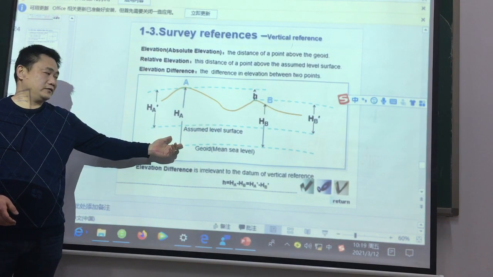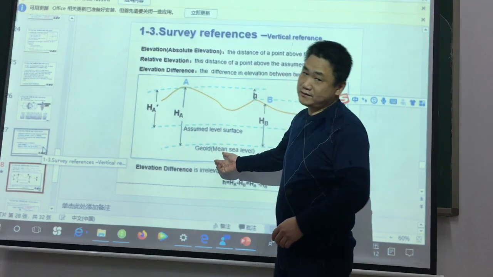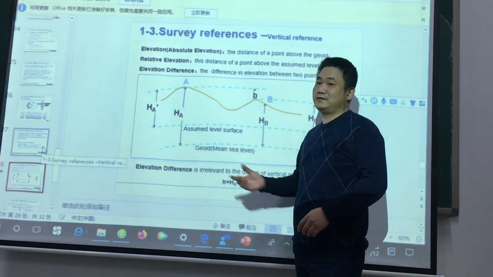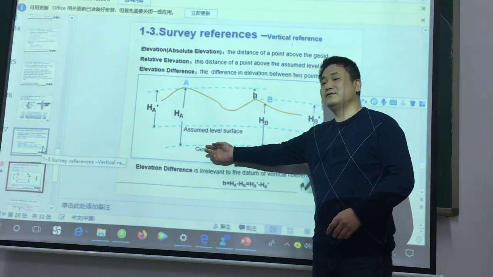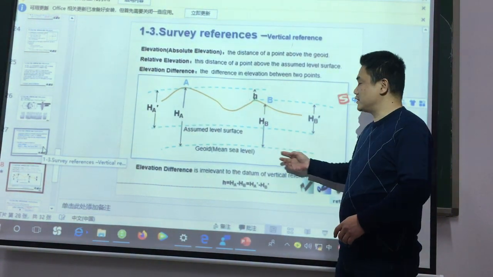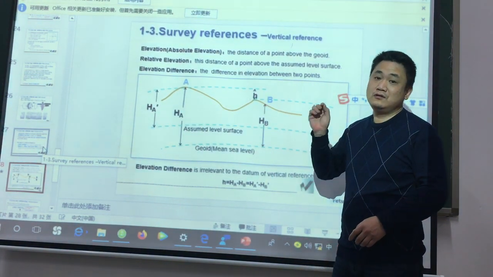For this standard surface, we usually use the geoid, that means the mean sea level. On this surface, the elevation of points is equal to 0.